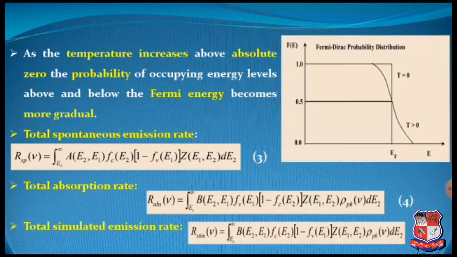So this was the Fermi-Dirac probability distribution function with which we can easily identify the total spontaneous emission, total absorption and total stimulated emission. Now, why are these absorption and emission rates important?